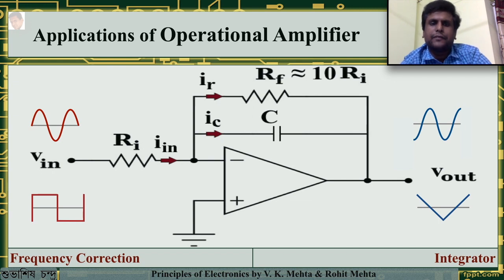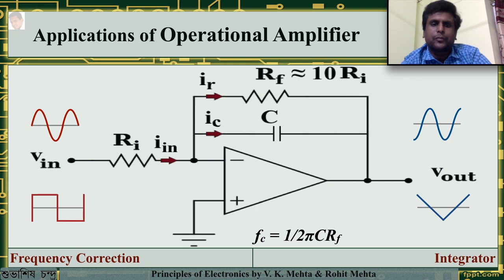By connecting a feedback resistor Rf, which is nearly equal to 10 times the input resistance Ri, in parallel with the capacitor, a precise closed loop voltage gain can be obtained. All integrators have a critical frequency Fc, which is equal to 1 by 2 pi C into Rf, below which they do not perform proper integration.